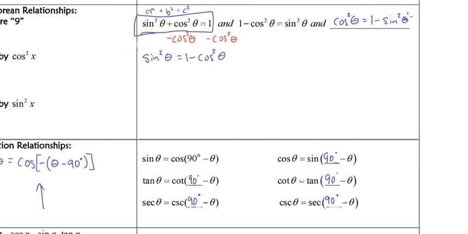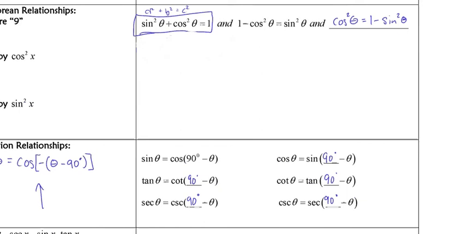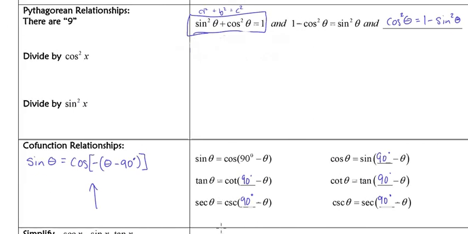Now to find the rest of our identities, what we're going to be doing is now dividing by either cosine or sine, and we'll find the rest of these right now. So if we have sine squared of theta and we were to divide everything by cosine, let's try that out.